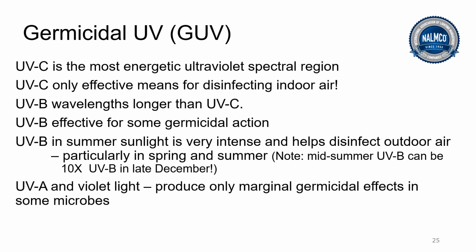It's also a nice takeaway to recognize that the UVB in sunlight is very intense and helps disinfect the outdoor air, particularly in the spring and summer when there's a much higher environmental UV index than in the winter.